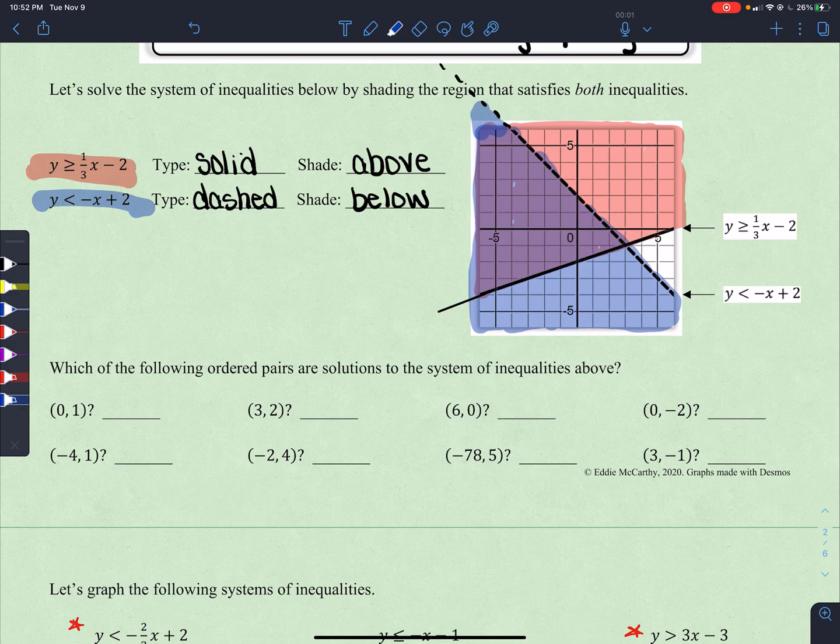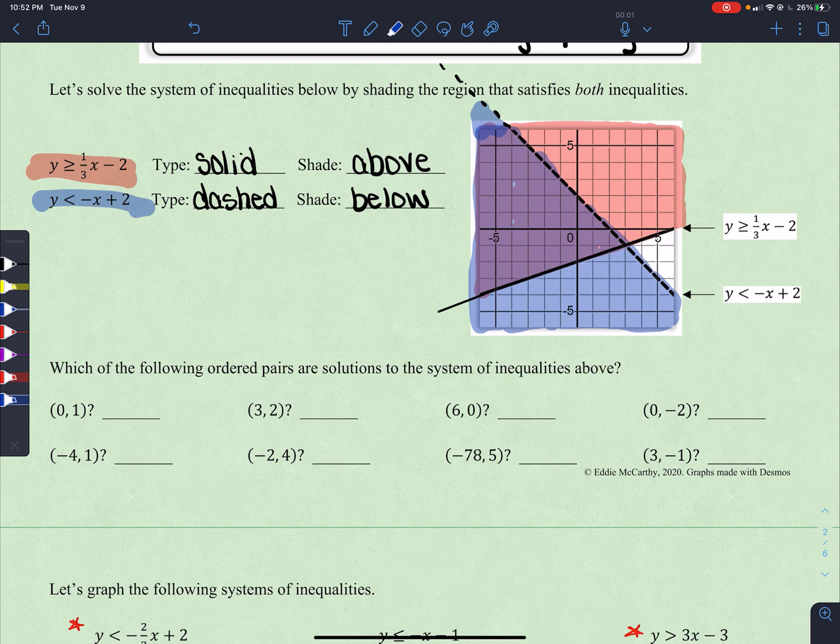All right, so now which of the following ordered pairs are solutions to this system above? So I'm going to go ahead and pick a couple of these random ordered pairs to check if they are or are not solutions. Okay, so let's see. I think I want to go with negative 2, 4.